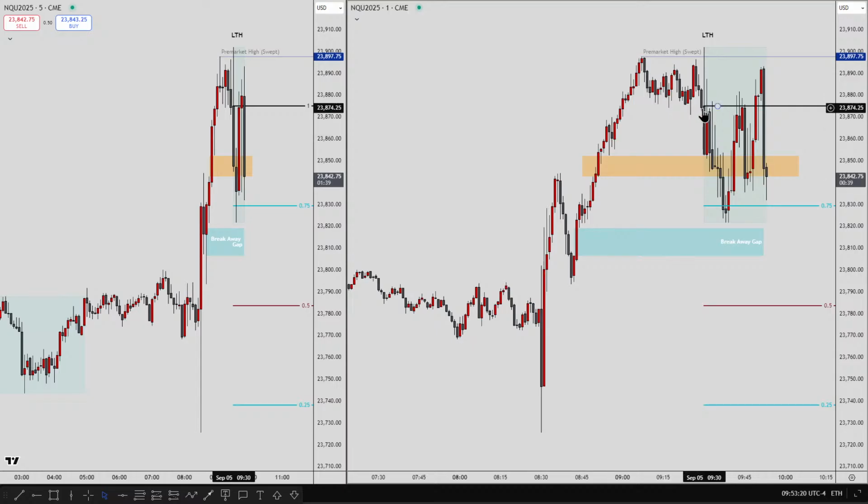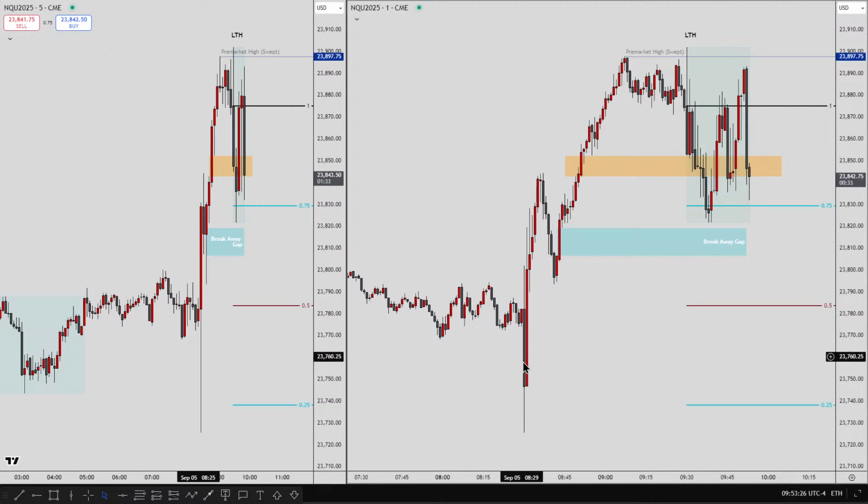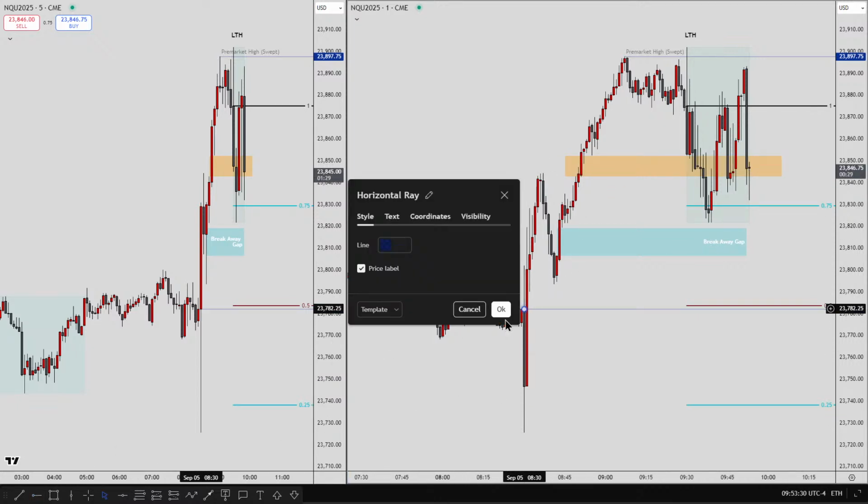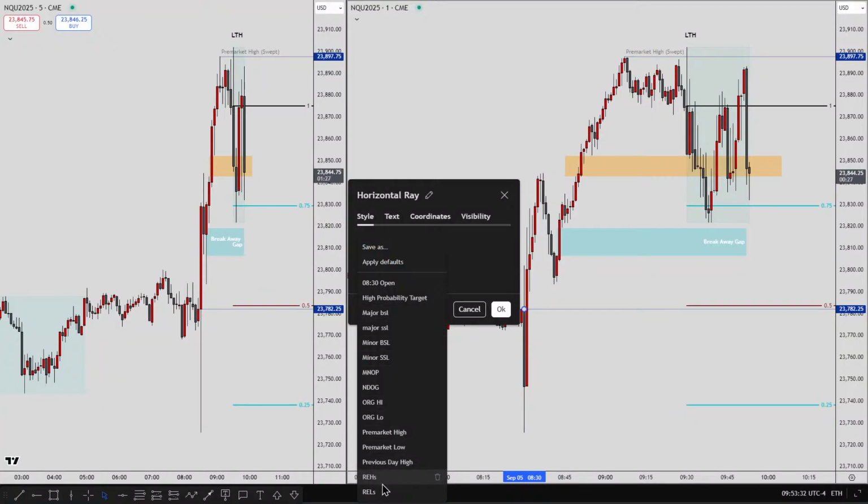So that's the 9:30 opening price. I would be looking at that for discount premium. And I'd also be looking at 8:30 because we had high impact news. So anytime you have high impact news, then the 8:30 is going to be really important.